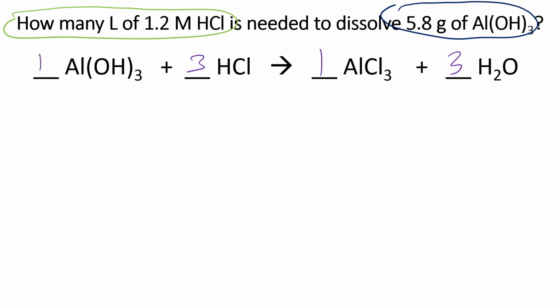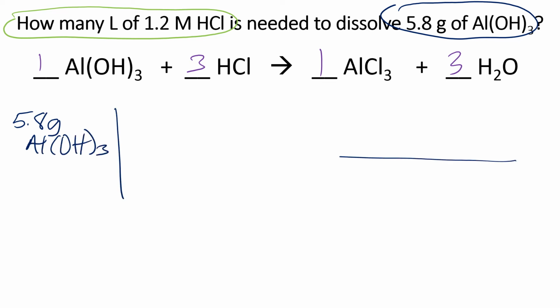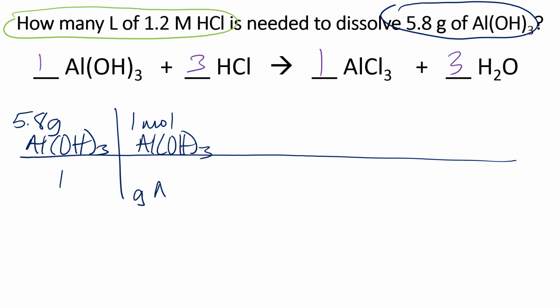So I start off with 5.8 grams of aluminum hydroxide. So then now molar mass, 1 mole Al(OH)3. The grams is going to be the following: 26.98 plus 3 times 16 plus 3 times 1.008 is about 78.004. So I'm going to use my mole to mole ratio.